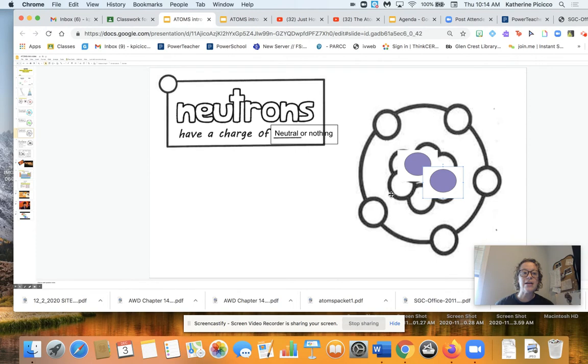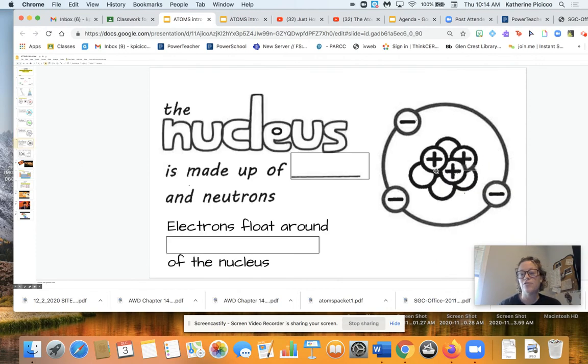So when you think about an atom altogether, you've got this positive center and this negative outside. Okay. So when we talk about the whole thing, it says the nucleus is made up of blank and blank. Well, we've got protons and neutrons. So the nucleus is made of protons and neutrons.